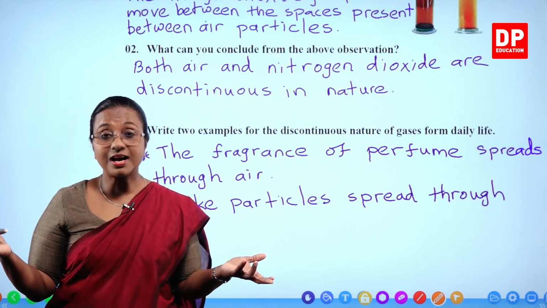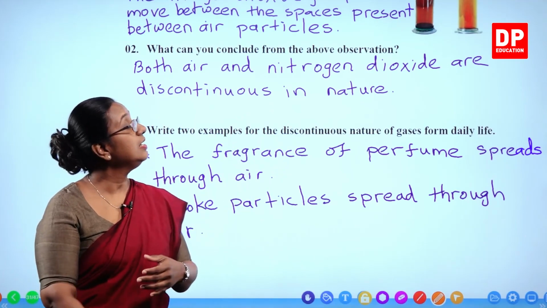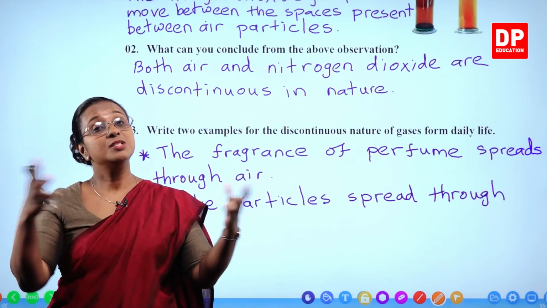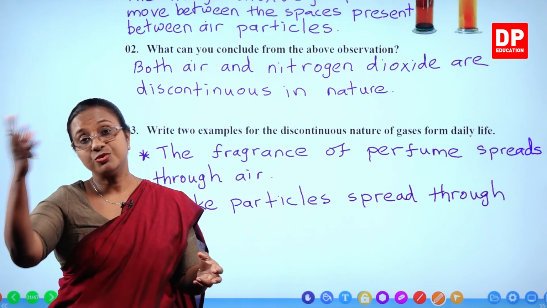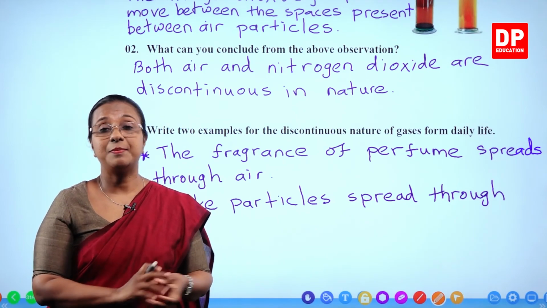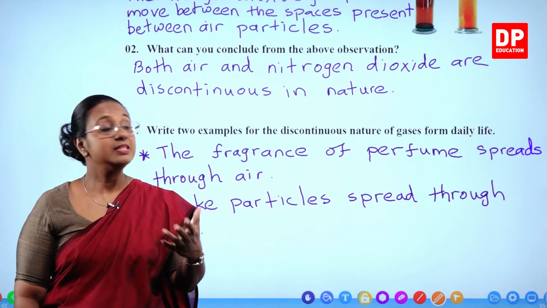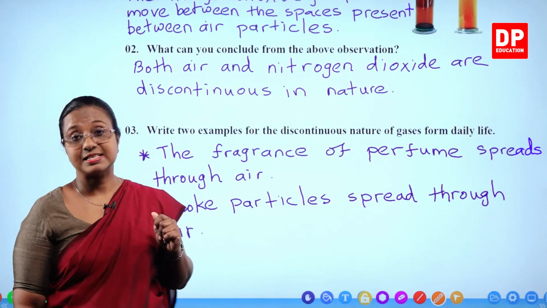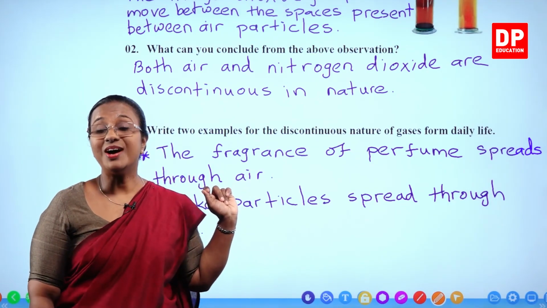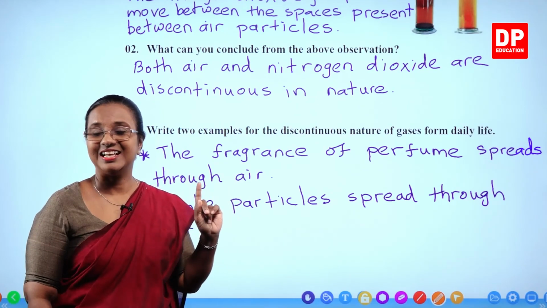You can see the color spreading like in nitrogen dioxide. There is this festival where they spray colors. So you see that spreading through air. Those are all examples that you can write here for the discontinuous nature of gases.